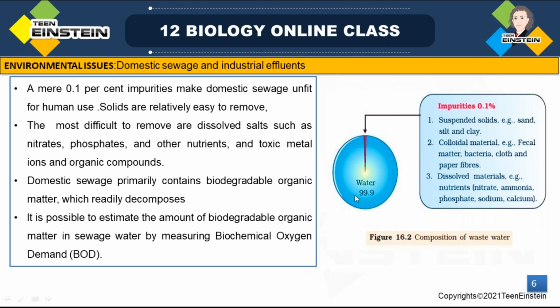So here, water is 99.9% and the impurity is 0.1%. That impurity is composed of suspended solids, colloidal materials, and dissolved materials. So solid waste is comparatively easy to remove.